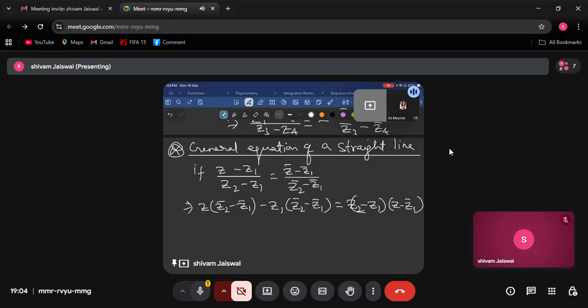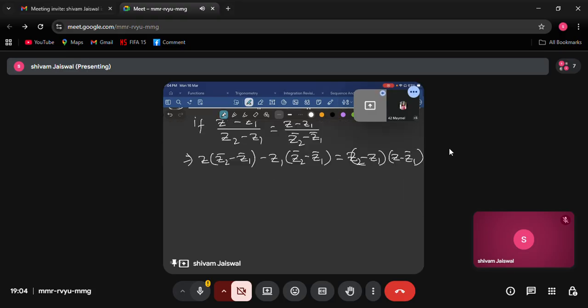Okay, let us simplify. What are we getting? Z into Z2 bar minus Z1 bar plus Z bar into, what is the coefficient of Z bar? Z2 minus Z1, plus Z1 bar Z2 minus Z1 Z2 bar equal to 0.